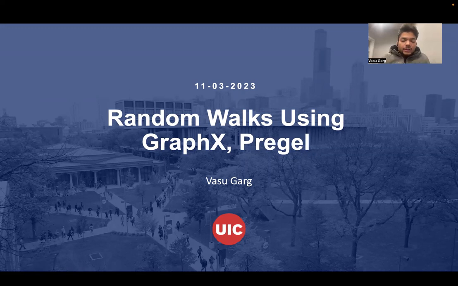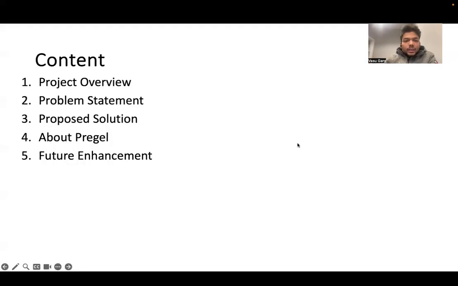Now, in this video, we'll discuss implementing random walks using GraphX, which is an Apache Spark library, and Pregel, which is a library provided by Google, a sort of message passing library, which makes the graph computations much easier. So let's start with the presentation.